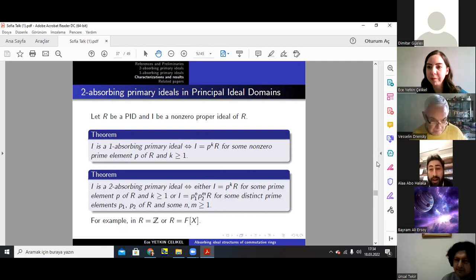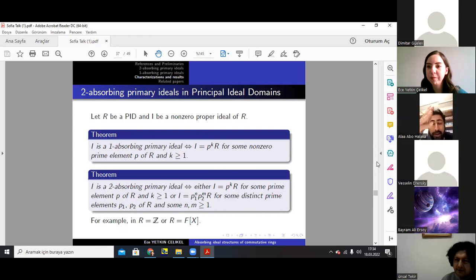For example, if I form the factor ring R over I, if I is contained in the two absorbing primary ideal J, is J over I again two absorbing primary or one absorbing primary?